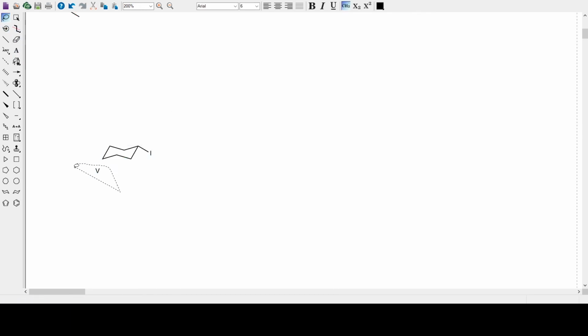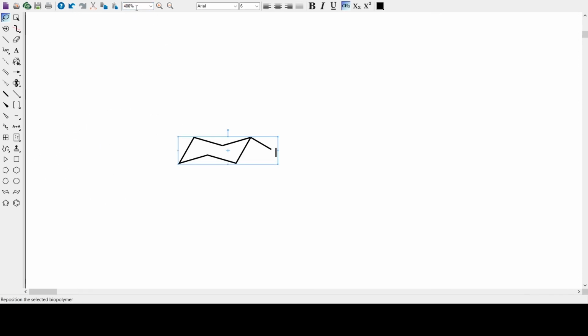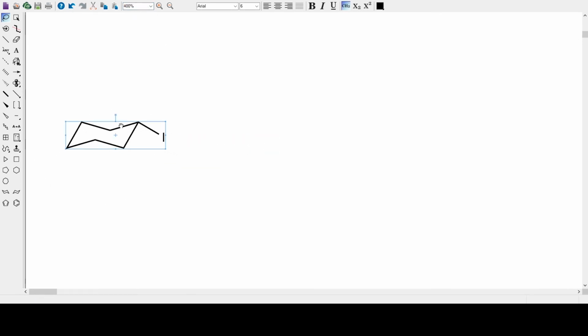So you can zoom, if you want to see more you can zoom here. You can come back, you can convert it into 3D. You can add the 3D properties.